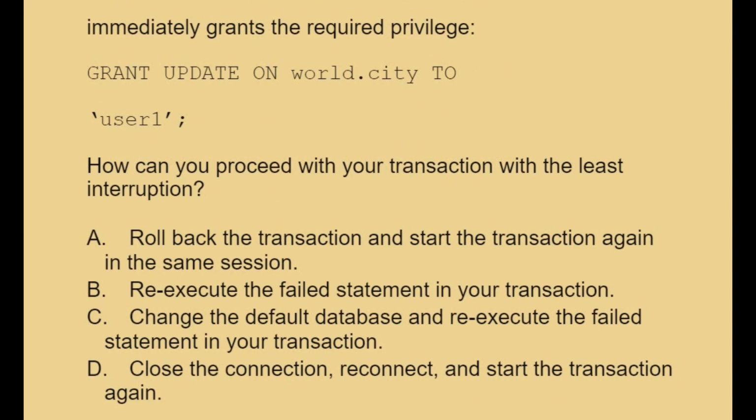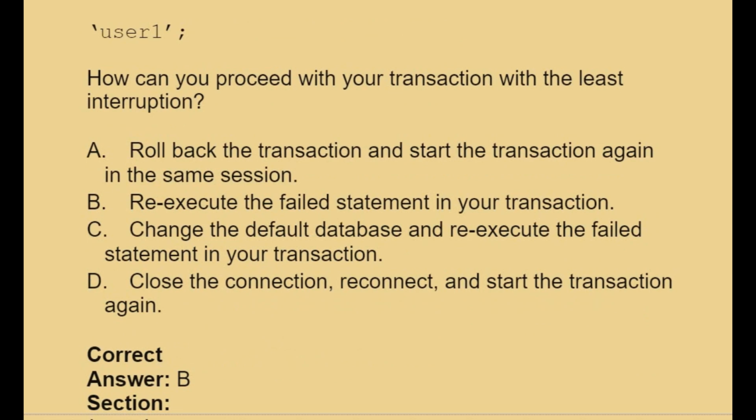Option A, roll back the transaction and start the transaction again in the same session. Option B, re-execute the failed statement in your transaction. Option C, change the default database and re-execute the failed statement in your transaction. Option D, close the connection, reconnect and start the transaction again. Correct answer is option B.